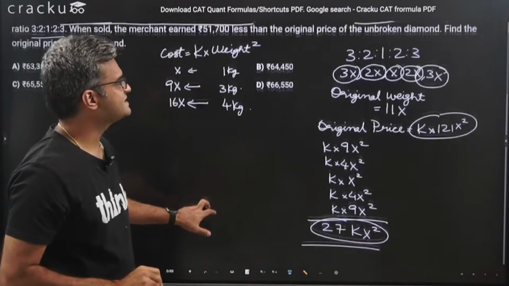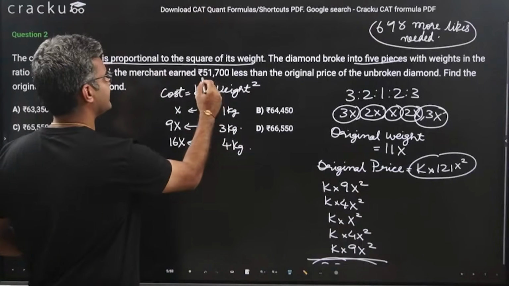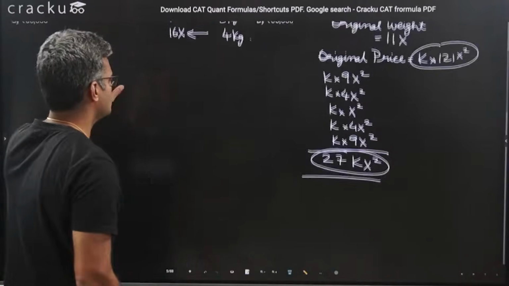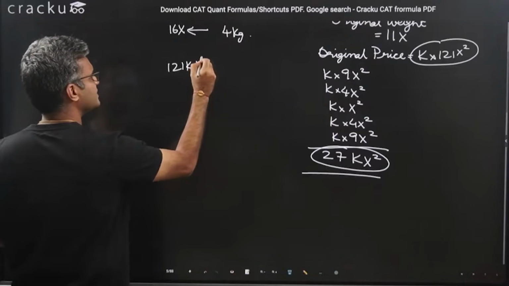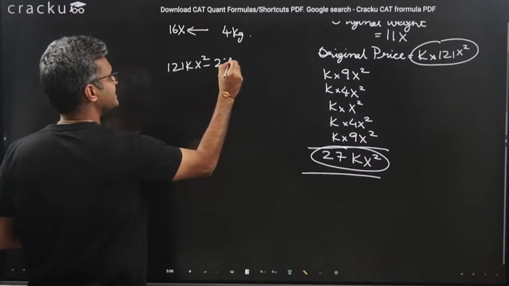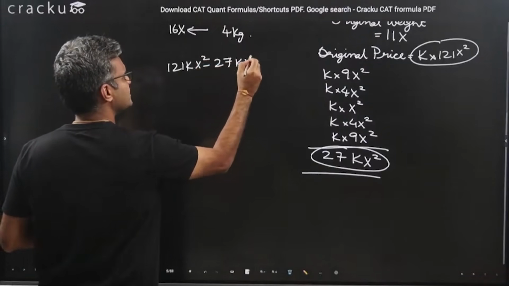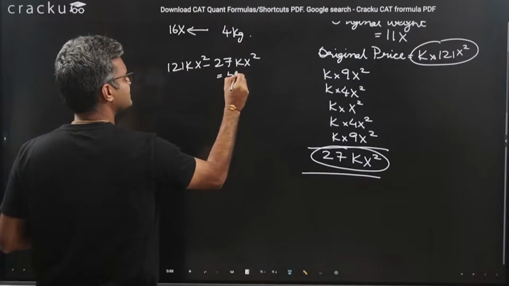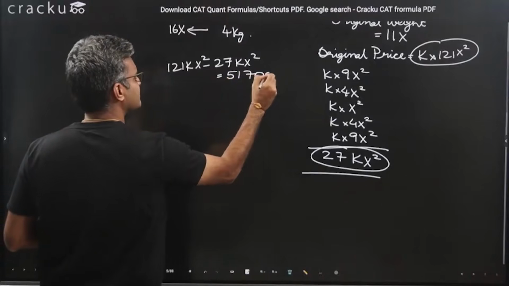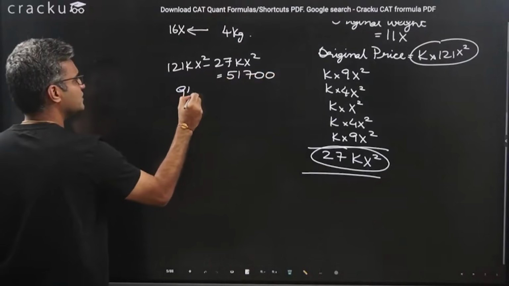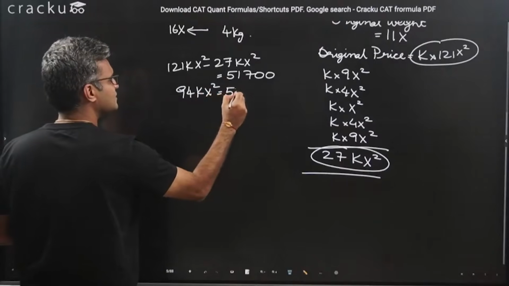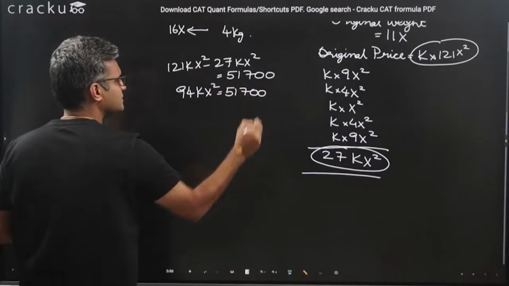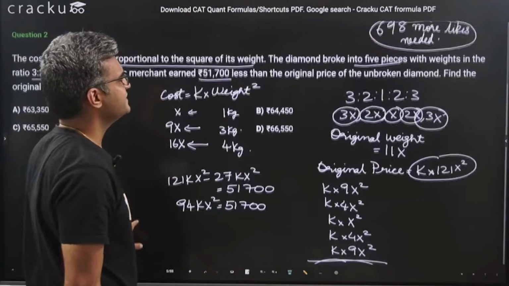What we are told is that this difference is 51,700. So 121 kx square minus 27 kx square is equal to 51,700, or the value of 94 kx square is equal to 51,700.